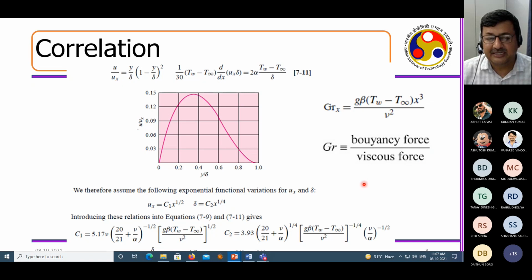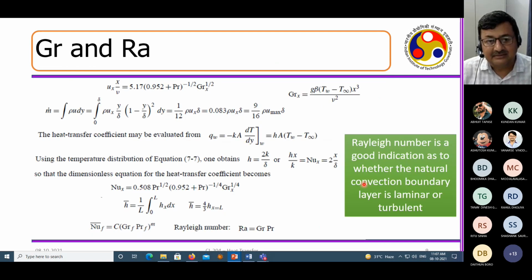So the ratio of these two is called the Grashof number. We could identify that the Nusselt number is a function of the Grashof number and the Prandtl number, instead of the Reynolds number and Prandtl number in the case of forced convection. So when you are considering free convection, it is the Grashof number and Prandtl number. When you are considering forced convection, it is the Reynolds number and the Prandtl number.